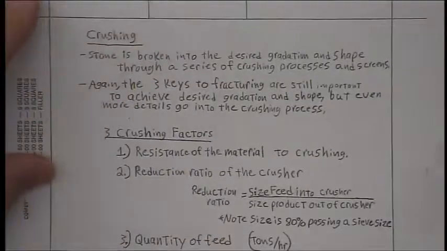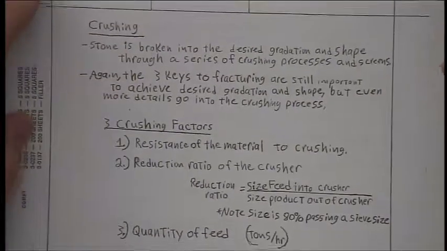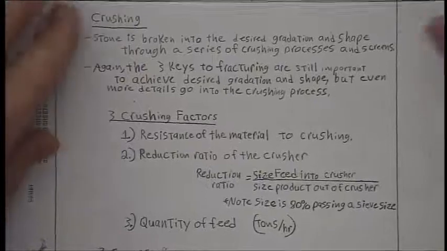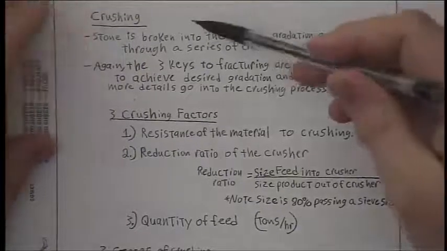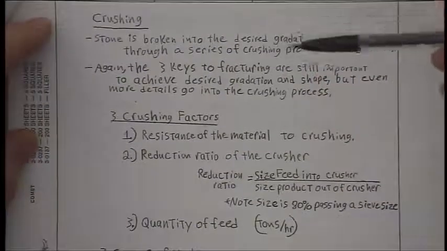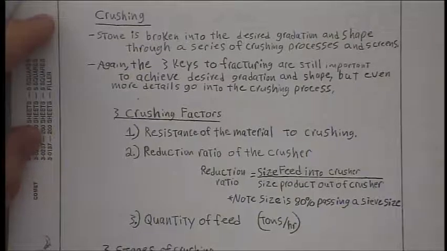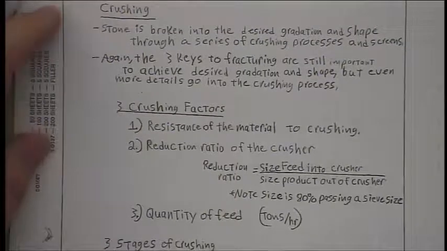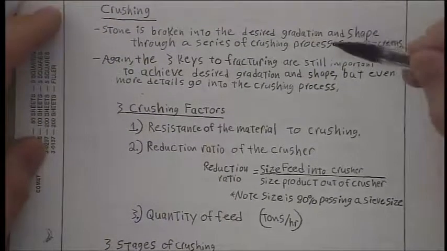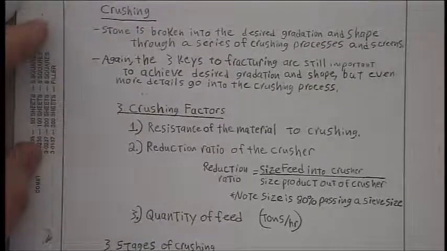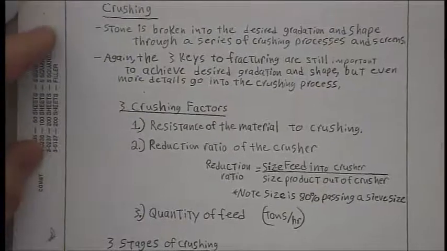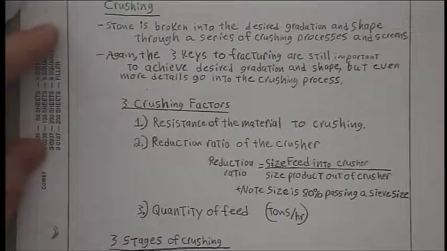So let's talk now, after you get there, about the crushing process. Again, you're trying to crush it into a desired gradation and a desired shape. That's what this whole process is all about, crushing and screening. You're trying to get it into a certain gradation.